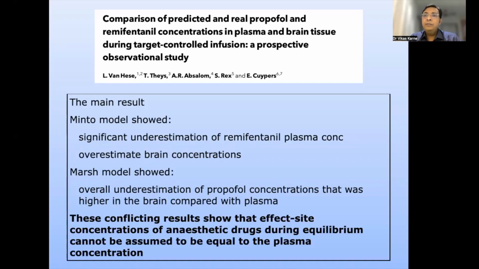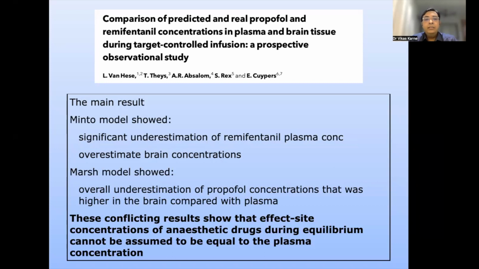This is a very small study, but a very important one, because for the first time we are looking at what we see on the pump's screen and what is happening with the patients, not only in plasma but in the brain. For remifentanil, when the Minto model was used, it showed significant underestimation in the plasma and overestimation in brain concentration, and the Marsh model showed overall underestimation of propofol concentration, which was higher in the brain as compared to the plasma.